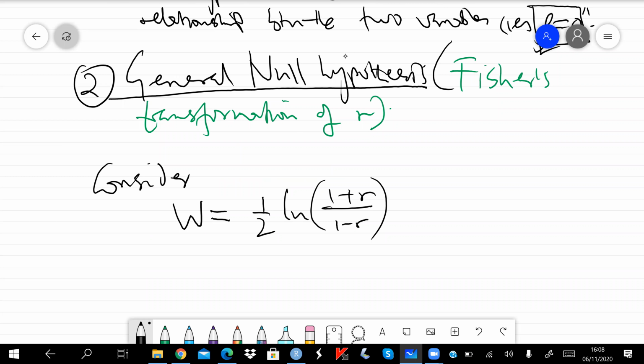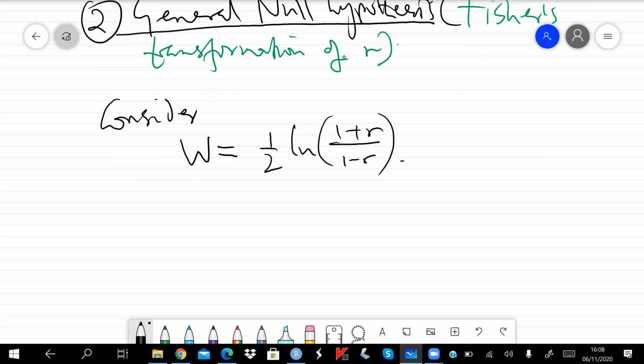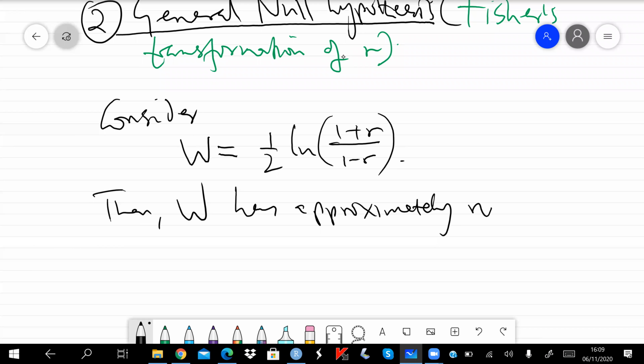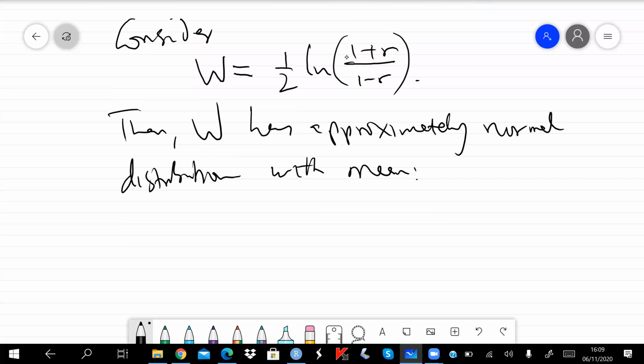If you consider that, it can be shown that W has approximately a normal distribution, with mean given by mu of W equal to 1 over 2 times ln of (1 plus rho) divided by (1 minus rho).